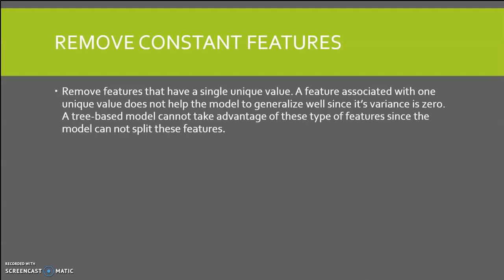A feature associated with one unique value does not help the model to generalize well, since its variance is 0. A tree-based model cannot take advantage of these types of features, since the model cannot split on them.